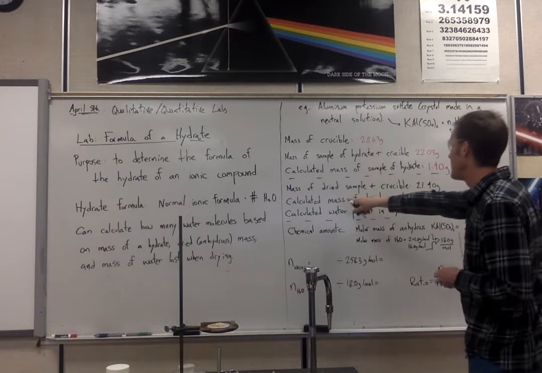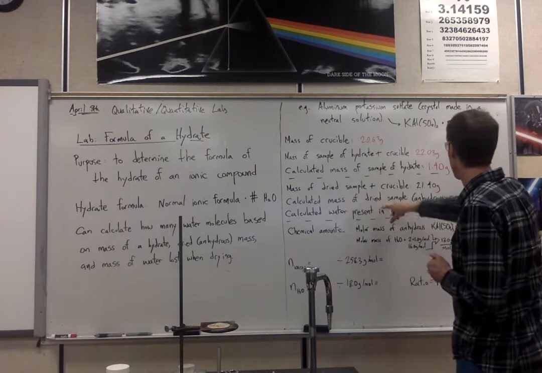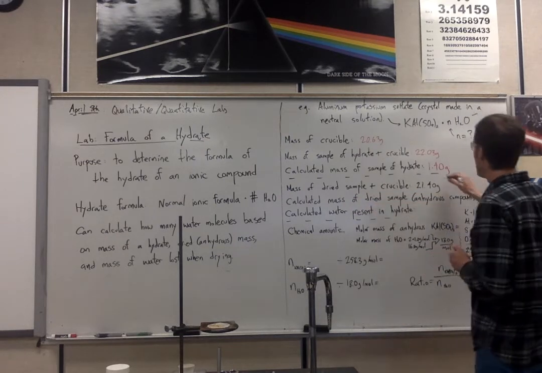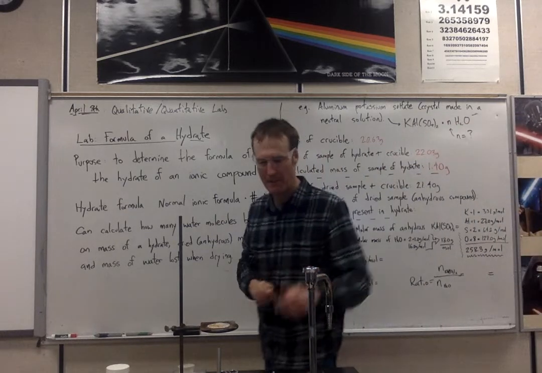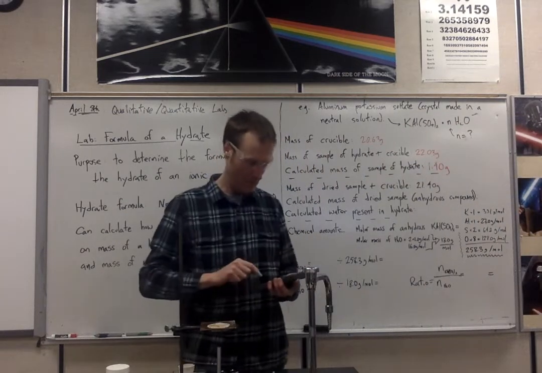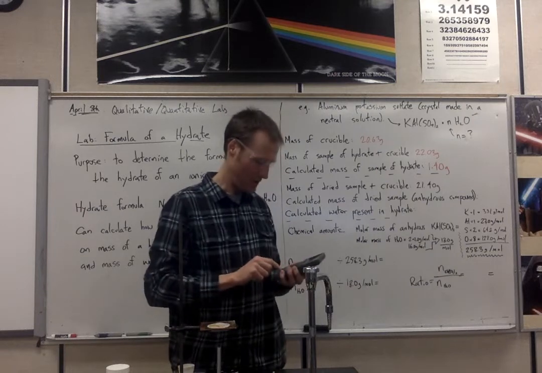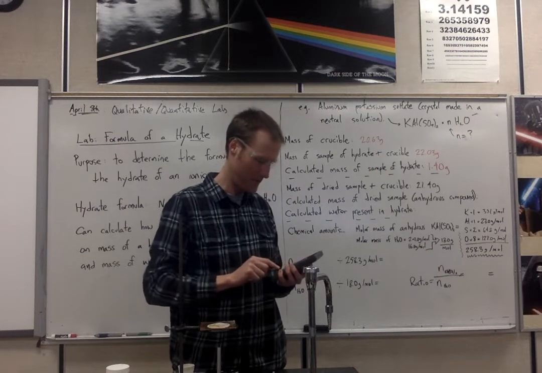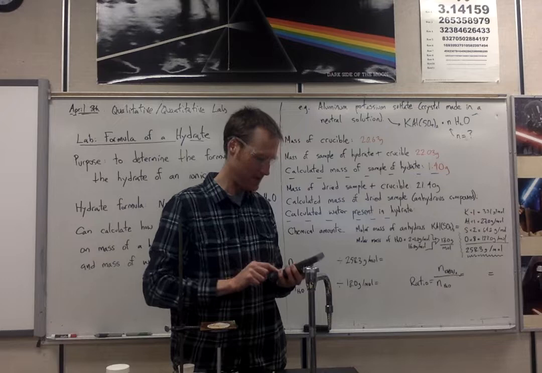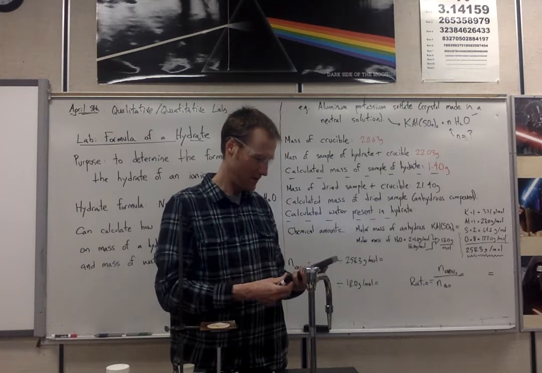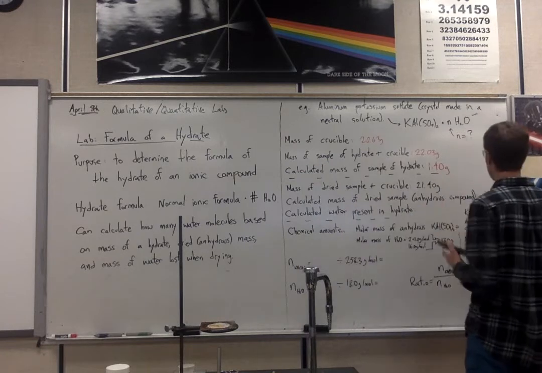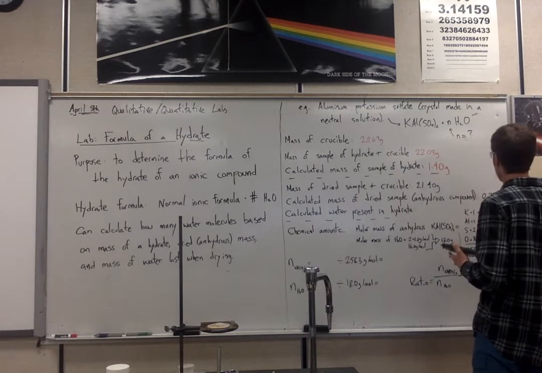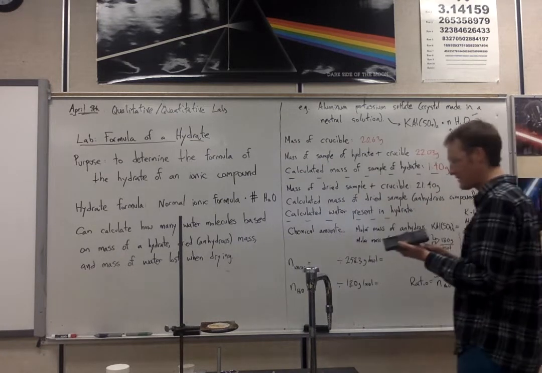Now, that's the mass of the dried sample plus crucible. We're going to subtract the mass 20.63. So let's do that. 21.4 minus 20.63. Okay, and I get the calculated mass of the anhydrous compound is 0.77 grams.